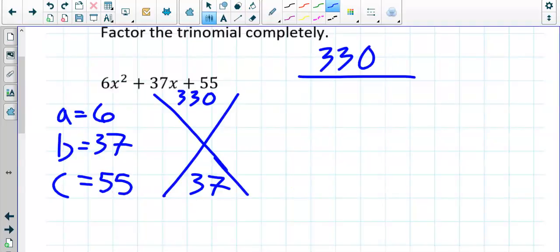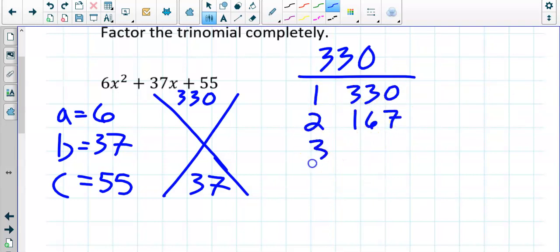So let's start writing these down since you've got them. We've got 1 and 330, right? 2 and what? 165, 3 and 110. What else? 5 and 66.